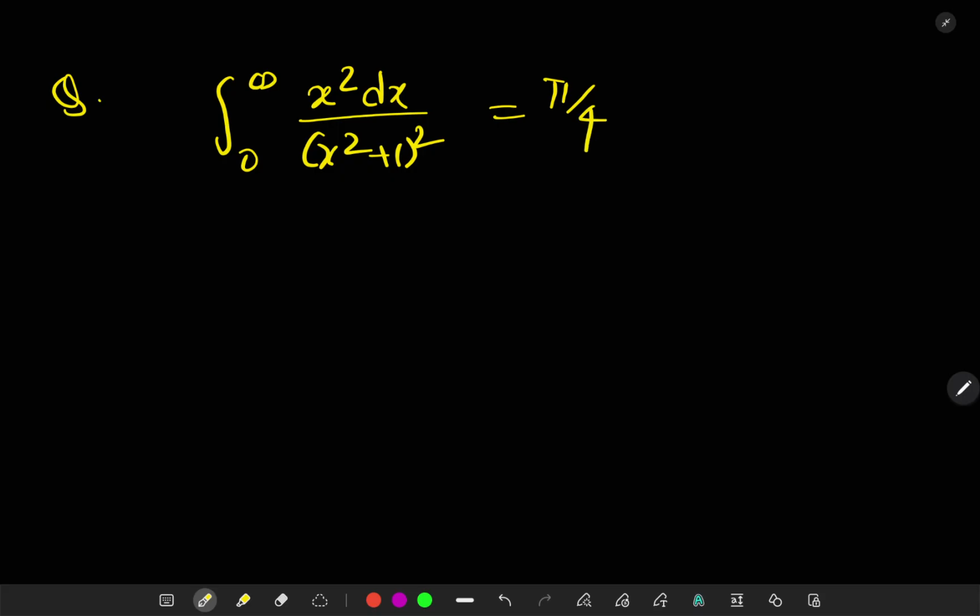Now let's do a question on Parseval's identity. We need to prove that this integral equals pi by 4.